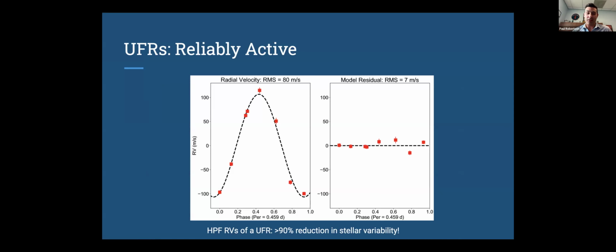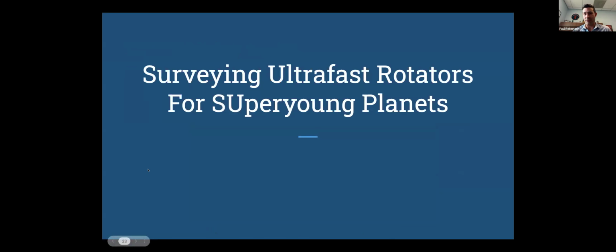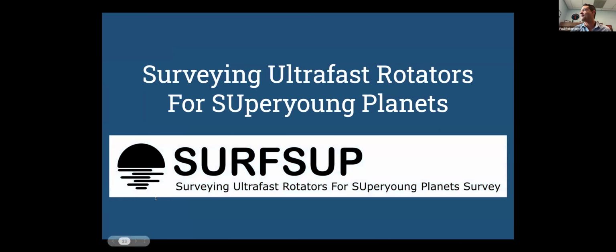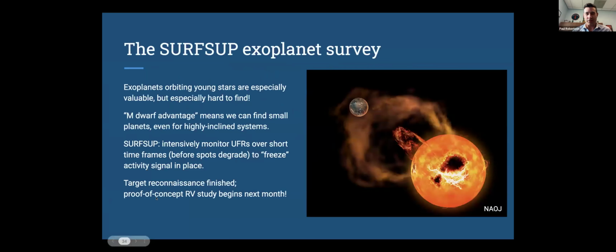And it leads me to speculate that perhaps we could use the fact that these stars are so reliably active to simplify our activity corrections and actually look for planets around these stars. And so this is a survey that we're starting called Surveying Ultrafast Rotators for Super Young Planets, or SURFs Up. I'll go over this quickly because I'm running short on time.